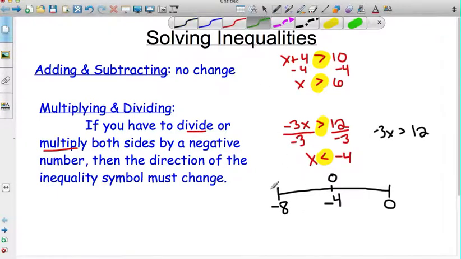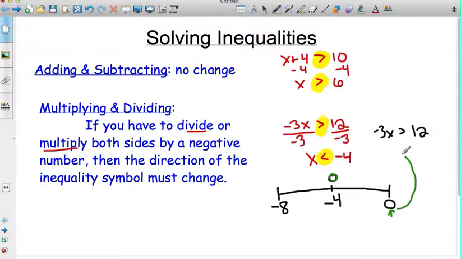I'll do this in green, so open circle because it was less than or greater than. Is 0 going to be a solution? Let's put 0 back in for x. Negative 3 times 0, is that greater than 12?